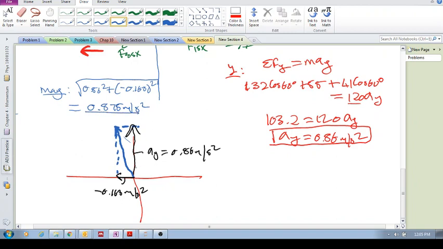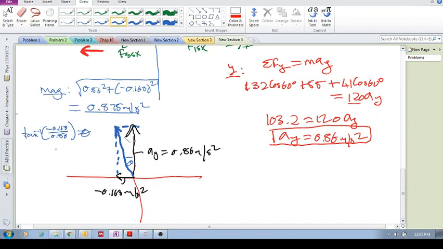And what is the angle? Well, you can use tan to the -1 of, we can do this, minus 0.163 over 0.86. That equals theta, by the way. That's theta.